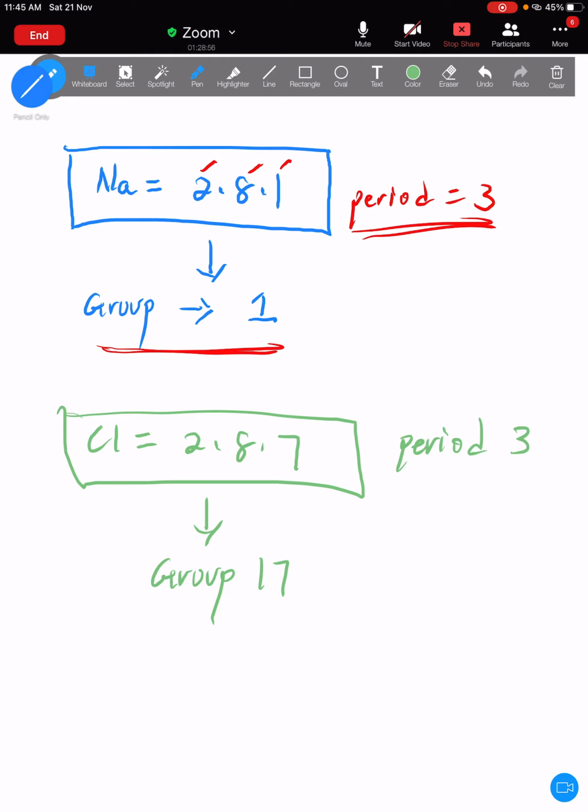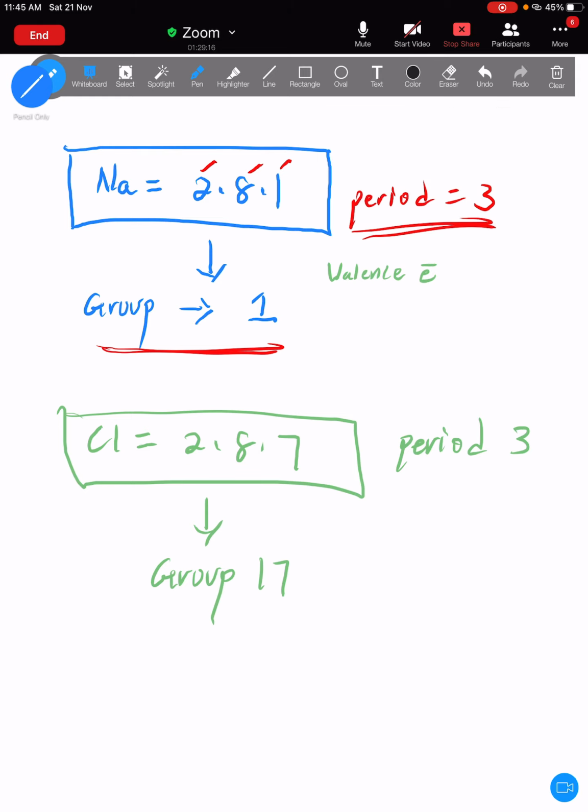Some students ask me, sir, how could I identify which one is a metal and which one is not a metal? Let me tell you, guys. I'm talking about valence electrons.